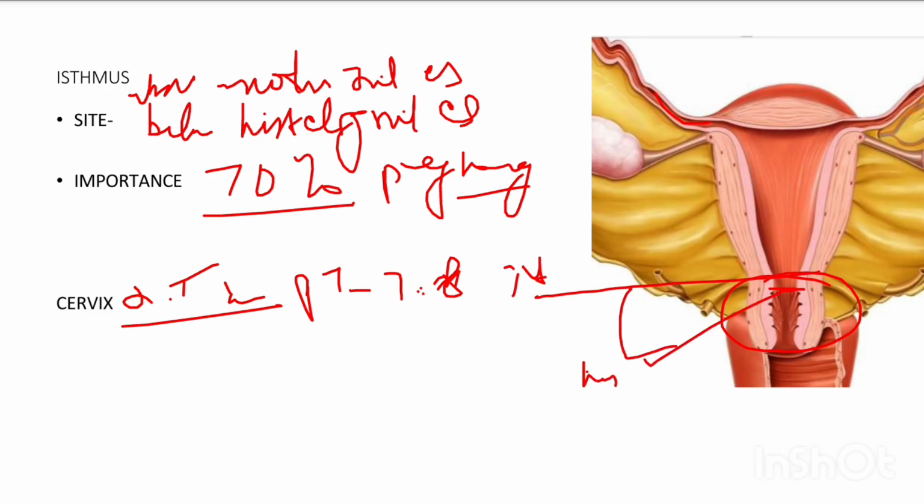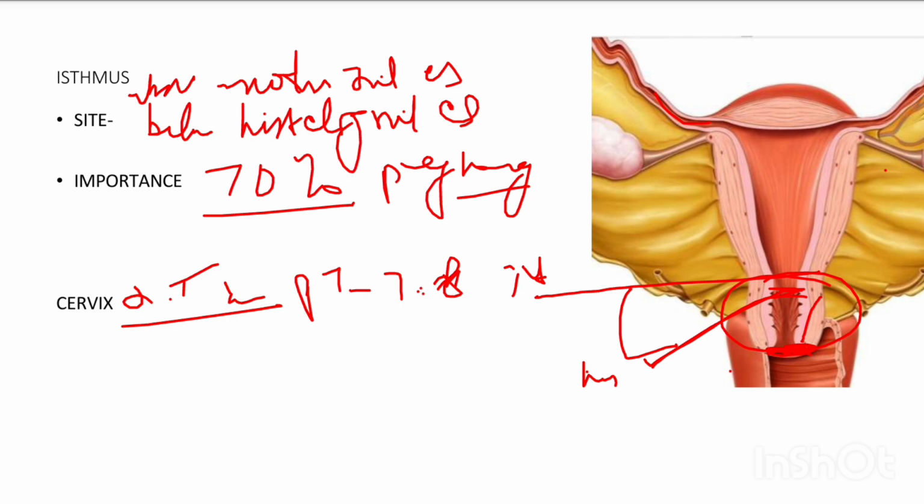In between is the isthmus. It extends from the histological os and ends at the external os, which opens into the vagina, and it is felt during pregnancy. We will see how much effacement is present during term pregnancy.